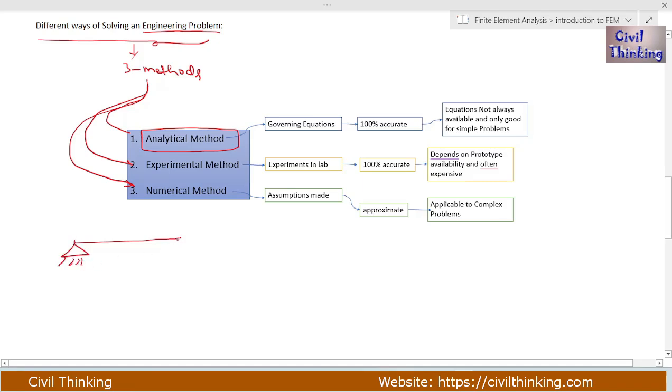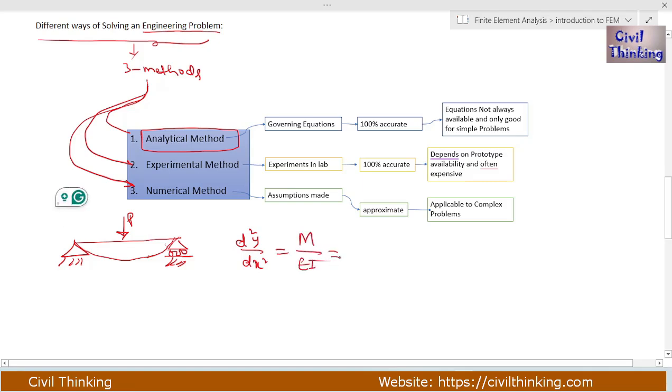For example, a load is acting here, then it will deflect somehow like this, right? Then we have a governing equation. For example, in case of a beam, d square y by dx square is equal to M divided by EI.